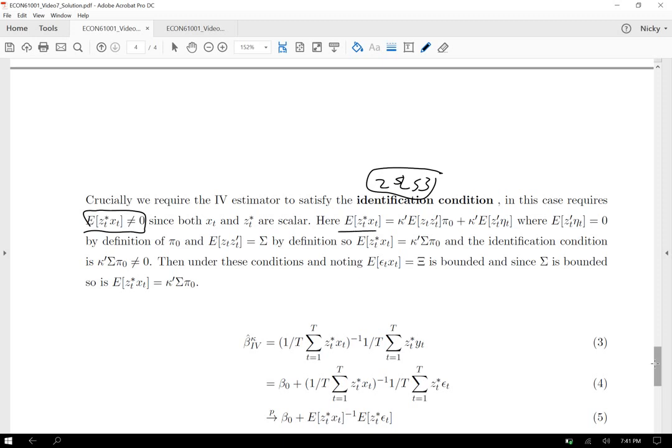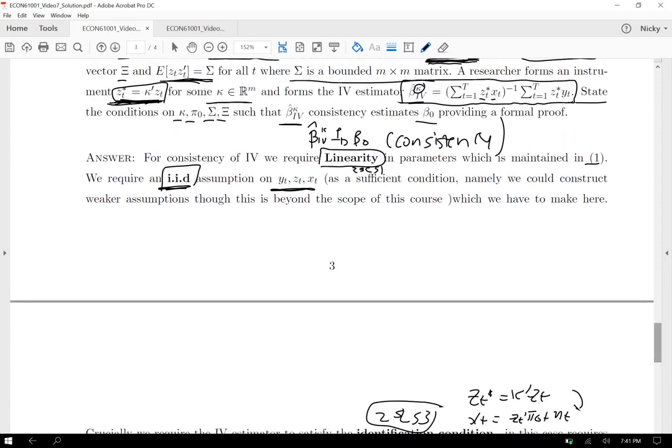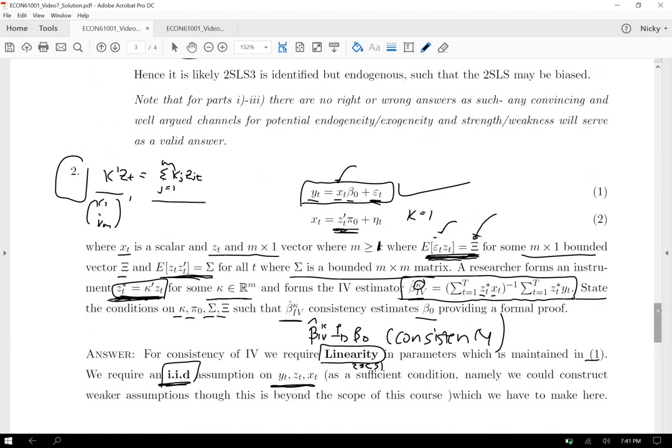So again, all we've done here is plug in zt star equals kappa dash zt, and xt equals zt dash pi naught plus eta t. All we've done is multiply these together and expand them out, and you'll find this here. Okay, and again, this is just sigma here. We know that this term is zero, because remember, this pi naught coefficient is the OLS coefficient.